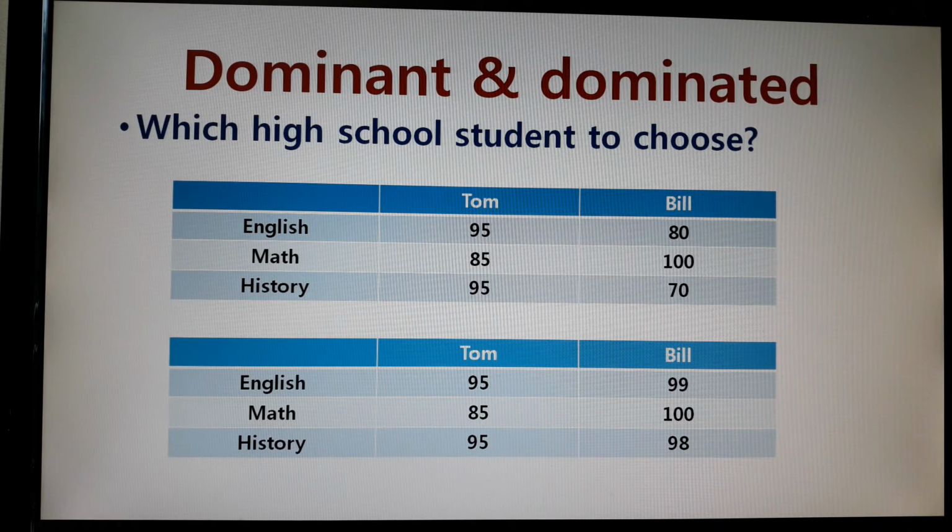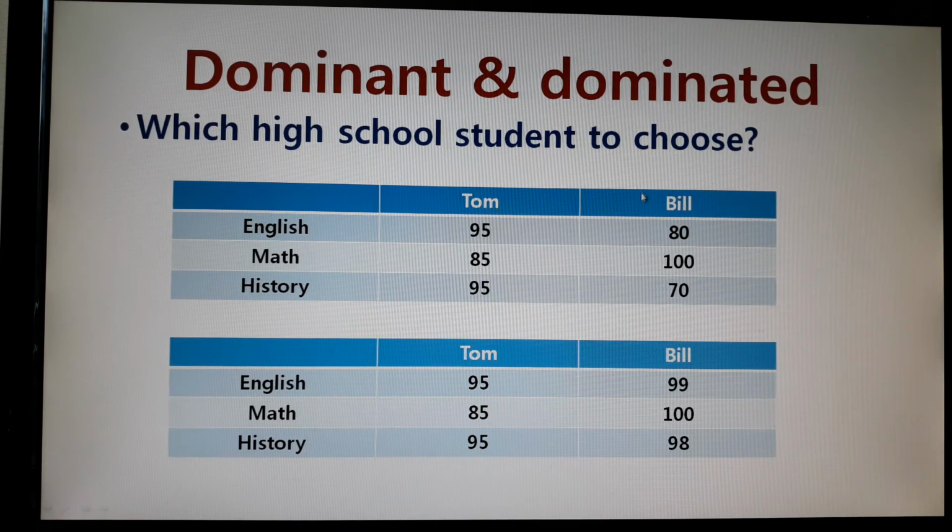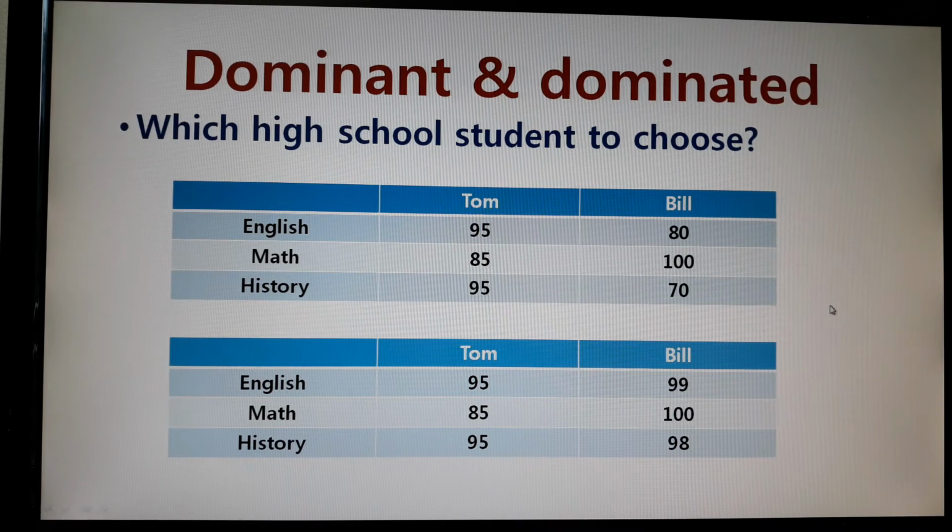I think the opinion would be divided. I'm sure that natural science professors like physics, chemistry, electronics, they will choose Bill immediately. On the other hand, maybe politics or history department professors would choose Tom immediately. For me, I don't know.